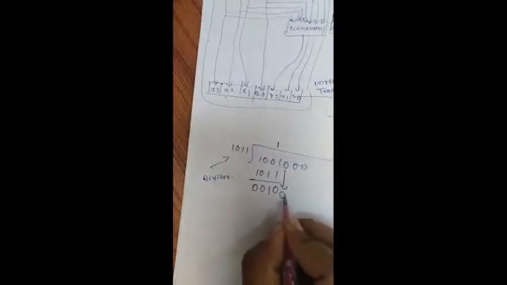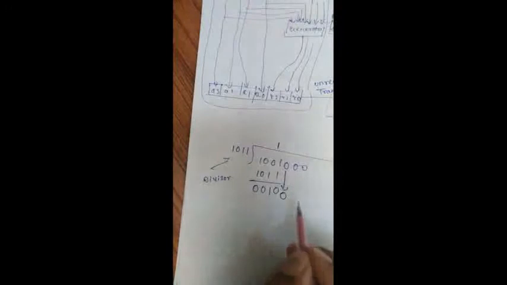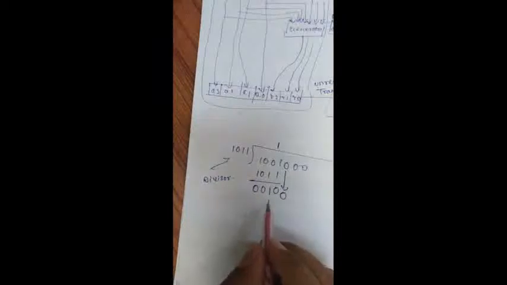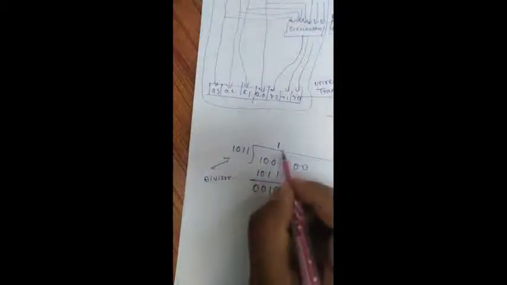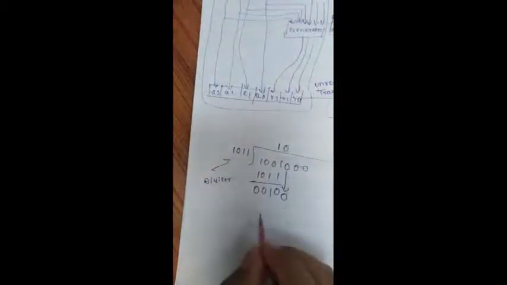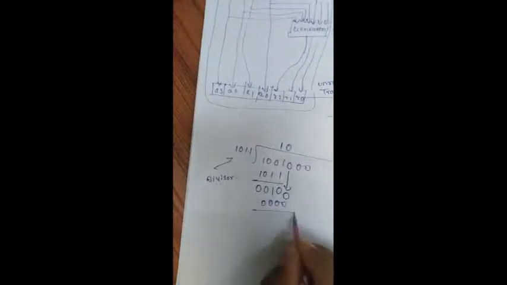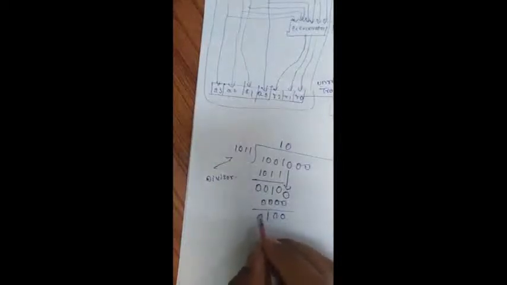Which one? 0. Now we take the next one. Now we use the 0 divisor, which means 0, so we put all 0s. Then I will write 0 0 0 0 0 0 1 0 1 0 1, then 0 0 0.